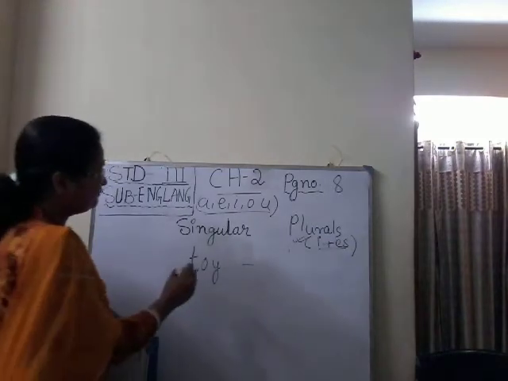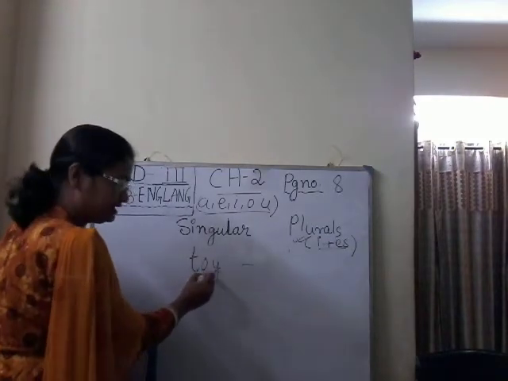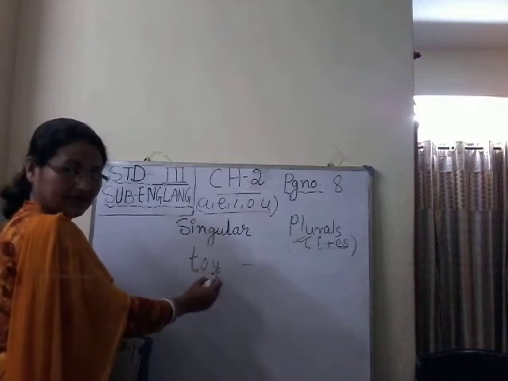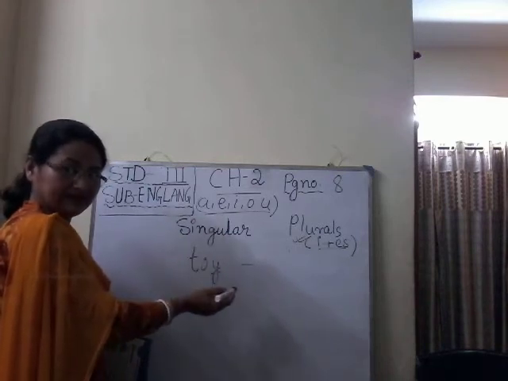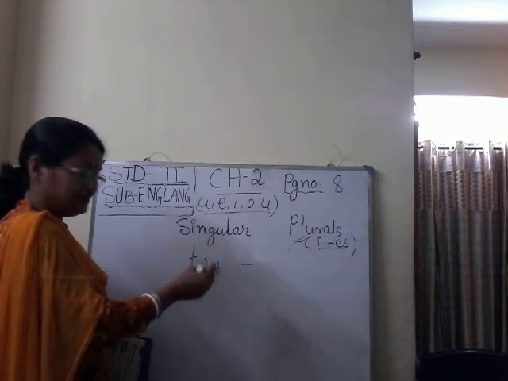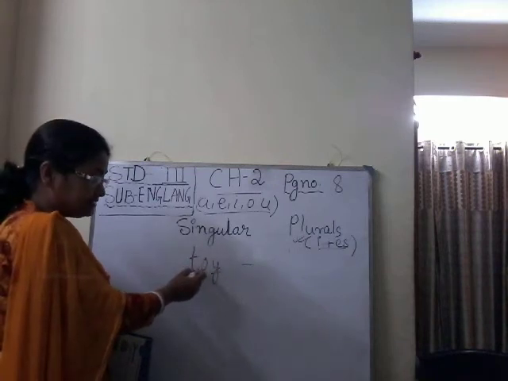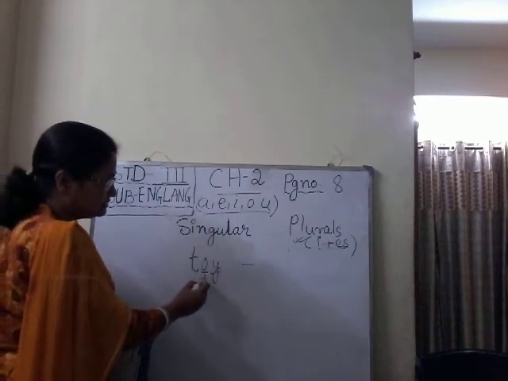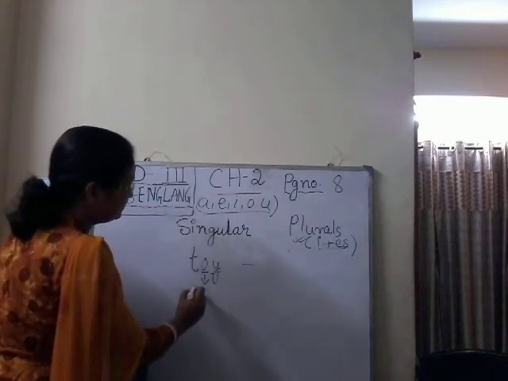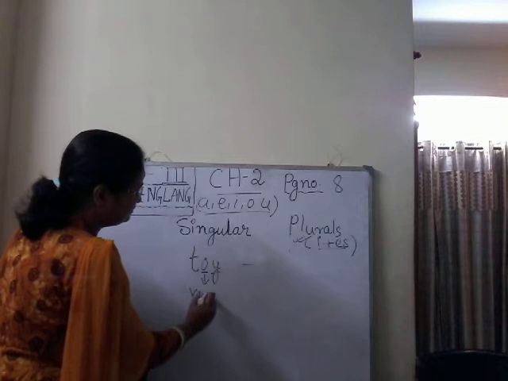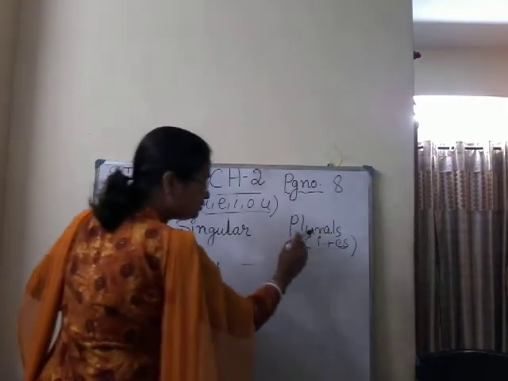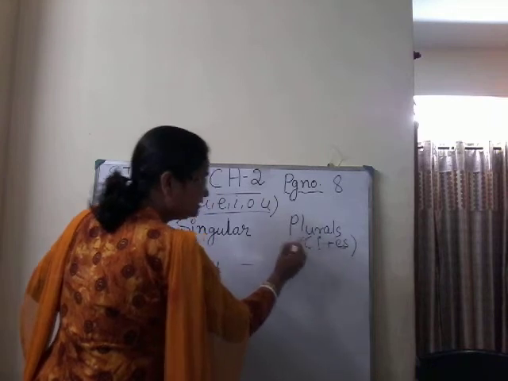T-O-Y, toy. We have already seen that the word ends with the letter Y. Then what do we have to do? We have to see the letter before Y. Here we have found that this is a vowel. So here we will not follow this formula.